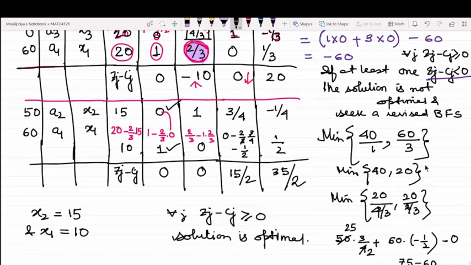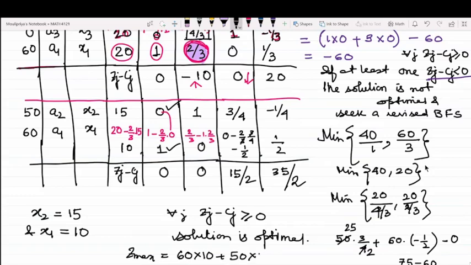We are not over yet, because the final answer would be the objective function, Z max. x1 was multiplied by 60, so 60 into 10 plus 50 into 15.